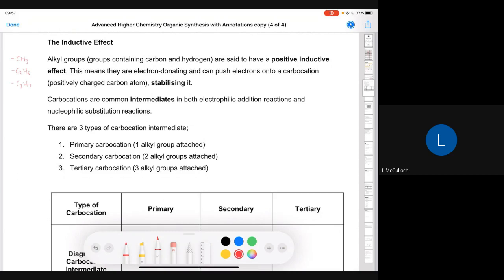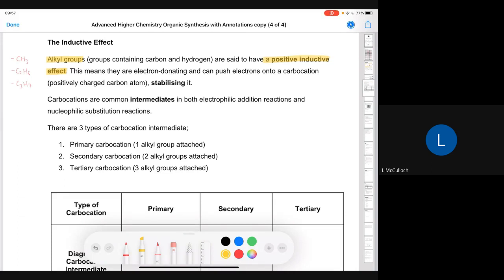Those are all alkyl groups. And alkyl groups are said to have a positive inductive effect. Now, what that means is that they are electron donating and can push electrons onto a carbocation, which is a positively charged carbon atom, stabilizing it.